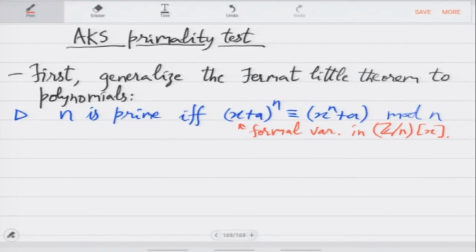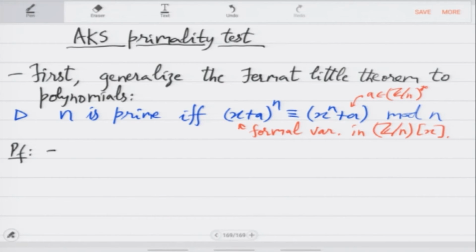A is just a number co-prime to n. You can even take it to be 1. A is just a number in Z n star, x is a formal variable. This is very easy to prove once stated like this.